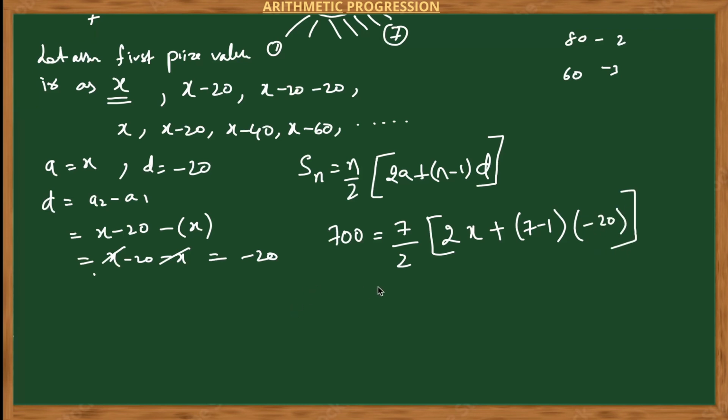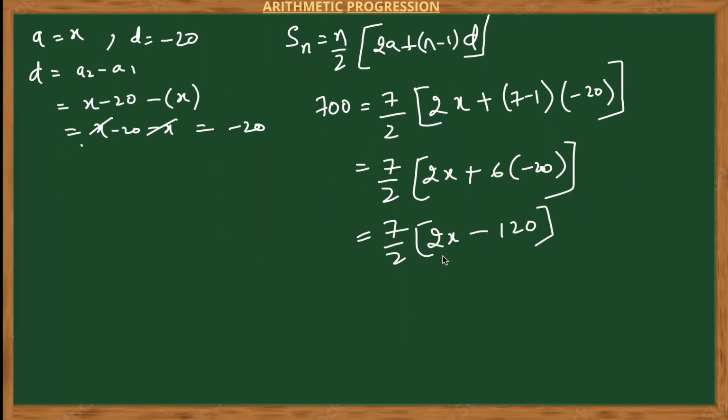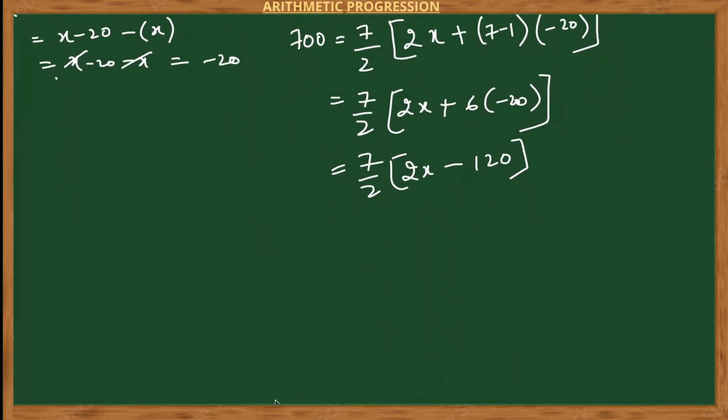So let's substitute here. 7 by 2, 2x, 7 minus 1 is 6, times minus 20. 7 by 2, 2x plus, into minus becomes minus, 6 times 20 is 120.